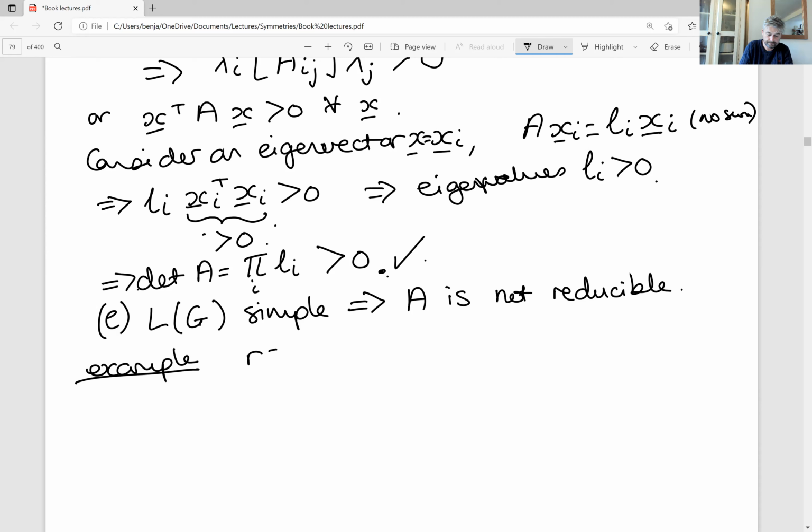Rank 2. So here, we remember we have a 2 by 2 Cartan matrix. We have 2's down the diagonal, and we have minus m and minus n on the off diagonals, where m and n now are natural numbers.